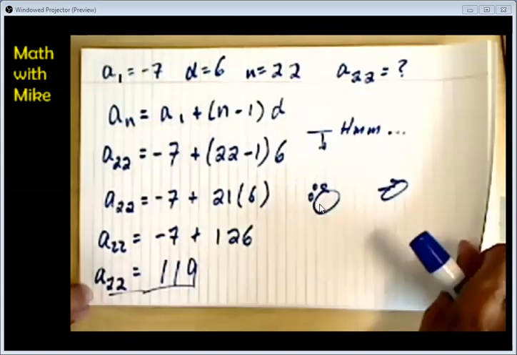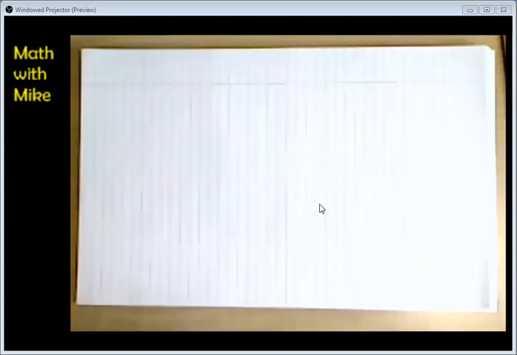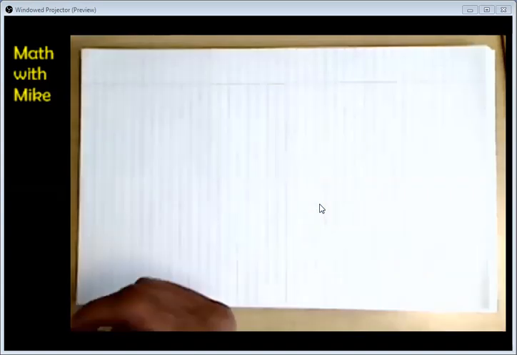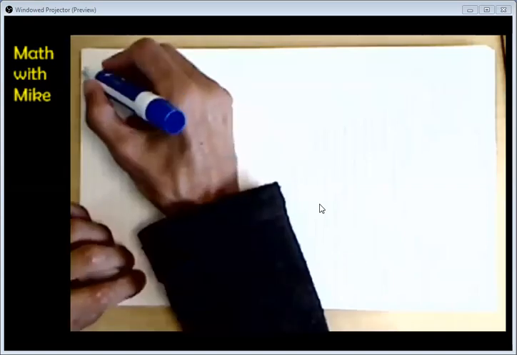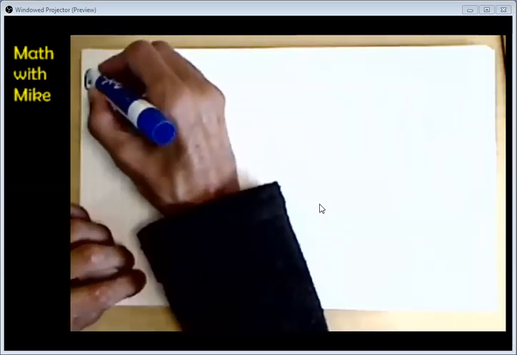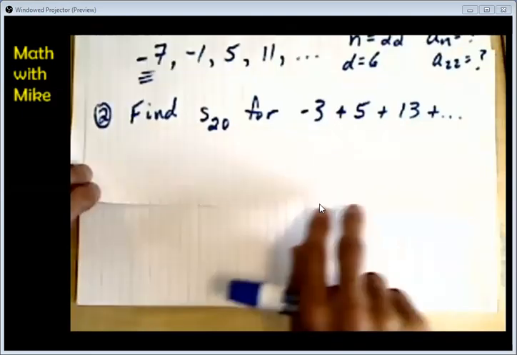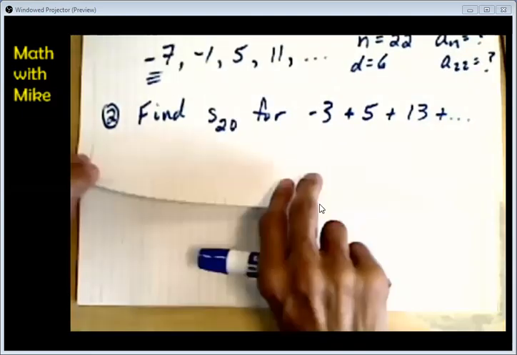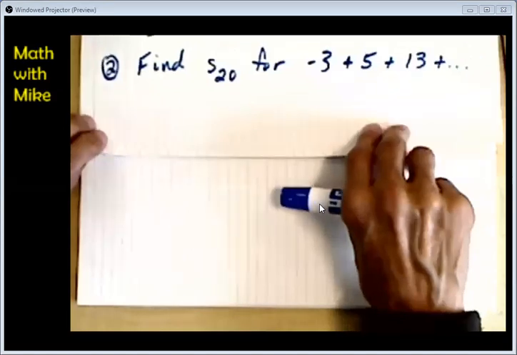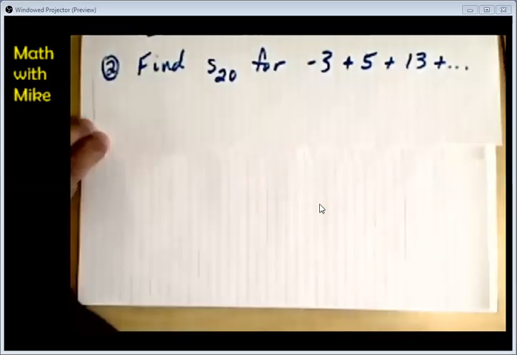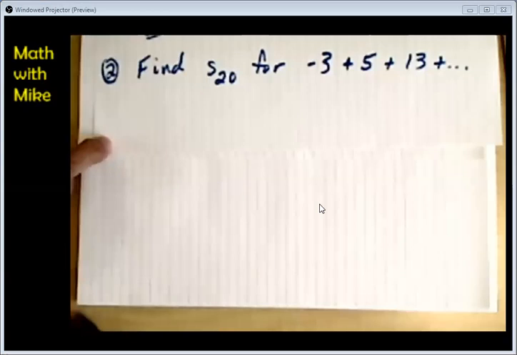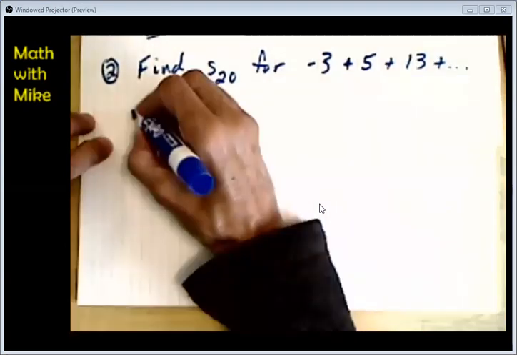For the second one here, what info do we have for our list? A1 and yep, and it's going to be 20.